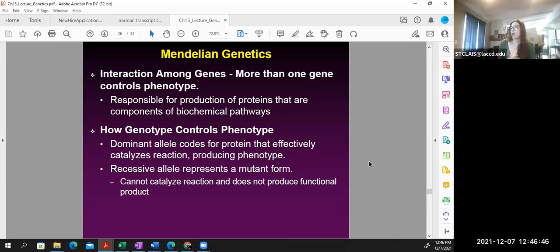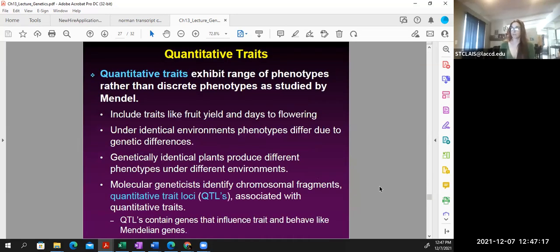Okay, so the genotype is going to say which form of the allele or which form of the gene is present. In some cases, if you have a defective enzyme or an enzyme that doesn't work or is not produced properly, then that is what's going to give you your recessive phenotype. So sometimes that is because of a broken enzyme.